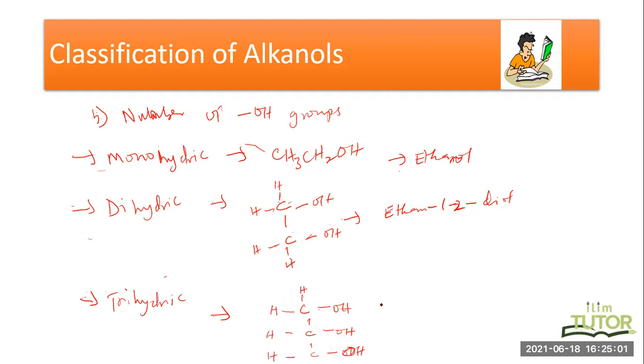To name this, count the number of carbon again. 1, 2, 3. That is the longest carbon, so you should have a prop. So this is propane 1, 2, 3 triol.